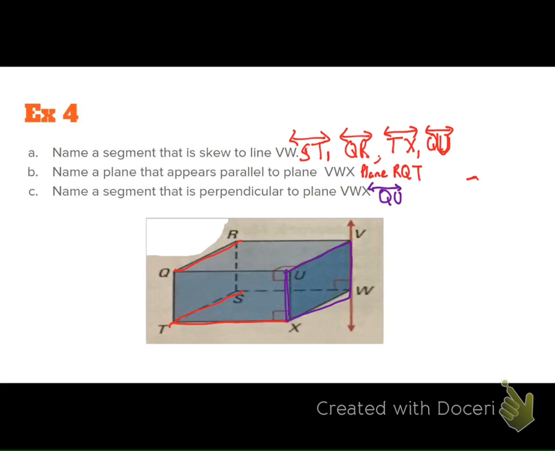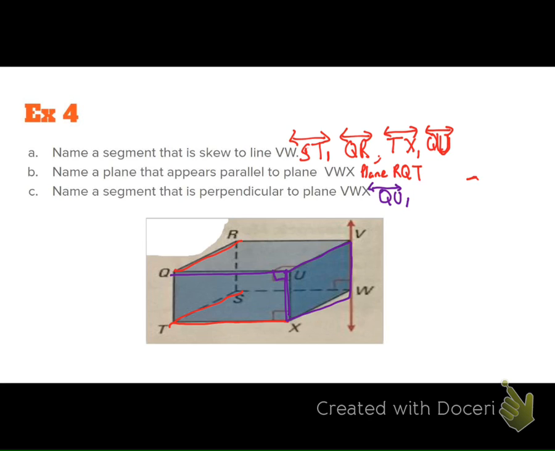So what's another one that's perpendicular? So you saw here that QU came in. It formed a right angle. Yep, Raj? Okay, does anybody else want to try? Jasmine's group back there. I haven't called on any of you three yet today. So a segment that's going to intersect and form a right angle with that plane.